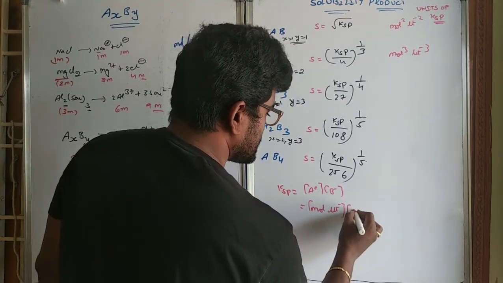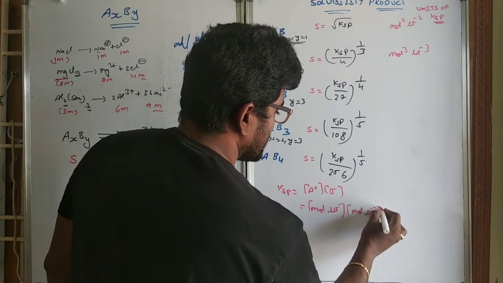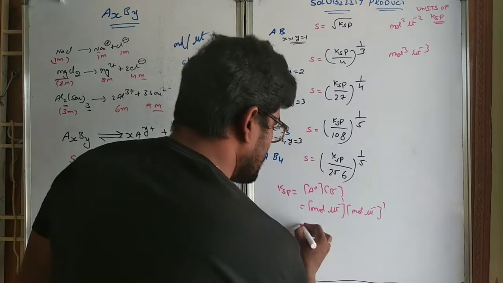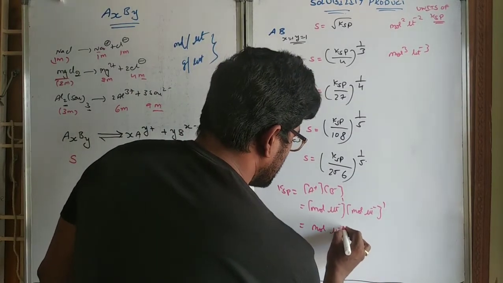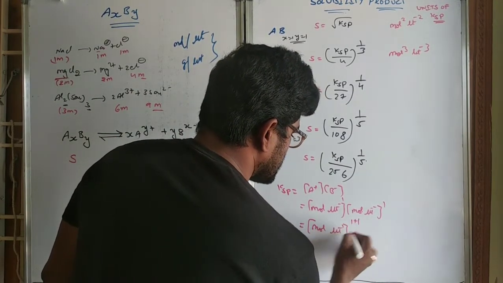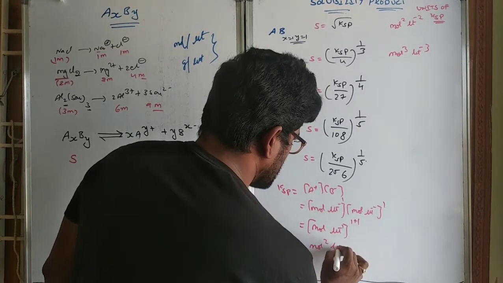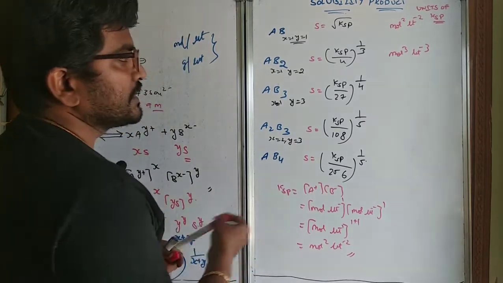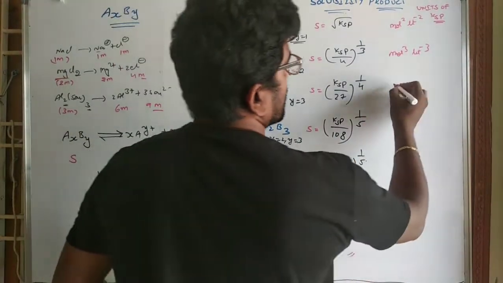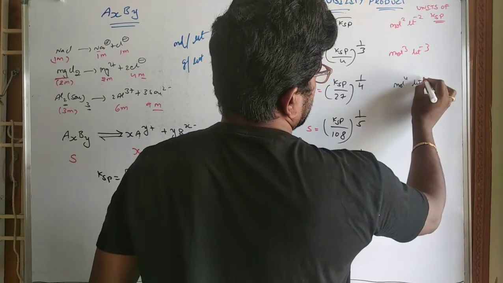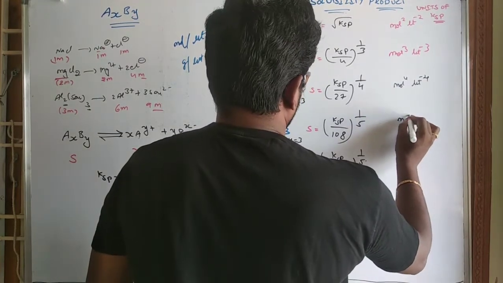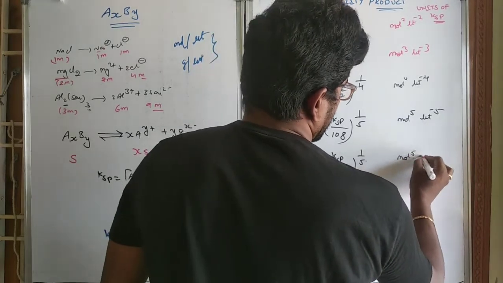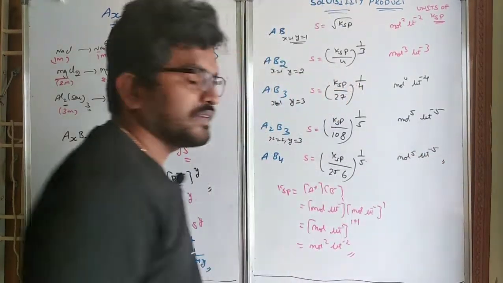Mole liter inverse power 1. A power m into A power n equals A power m plus n. So mole liter inverse power 1 plus 1, so mole square liter power minus 2 will come. That's why it will come. In this case, it will be mole power 4 liter power minus 4. Mole power 5 liter power minus 5 will come.